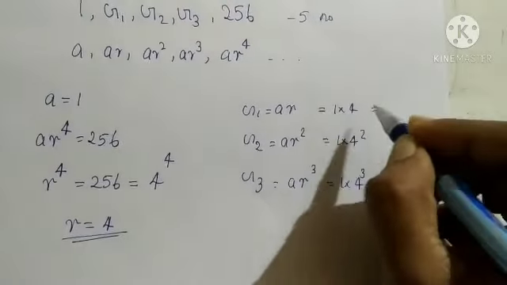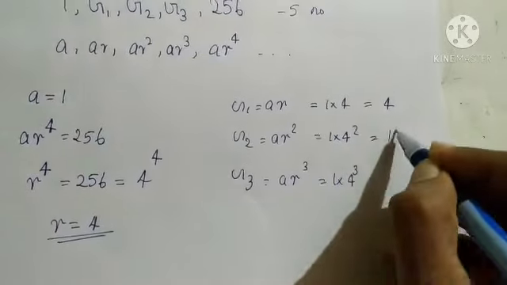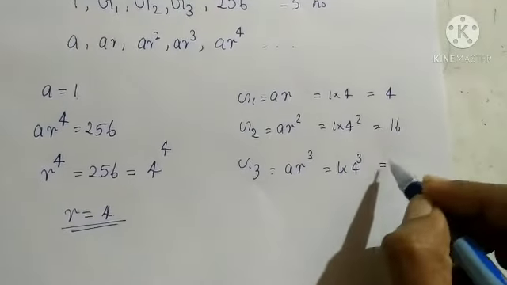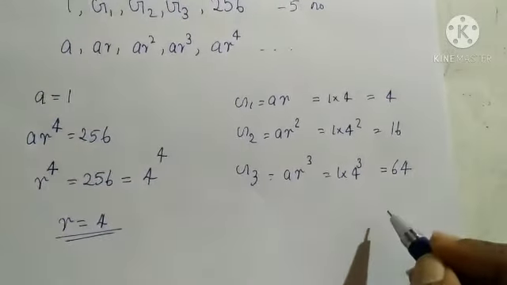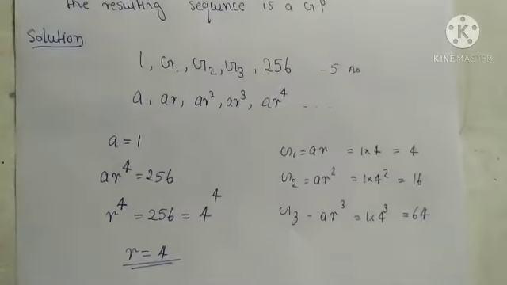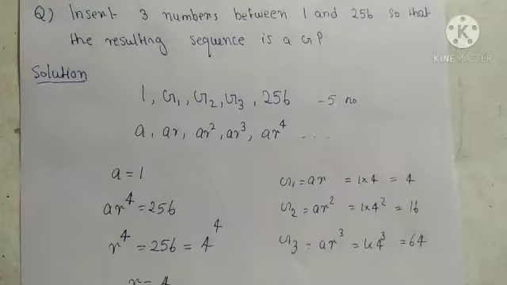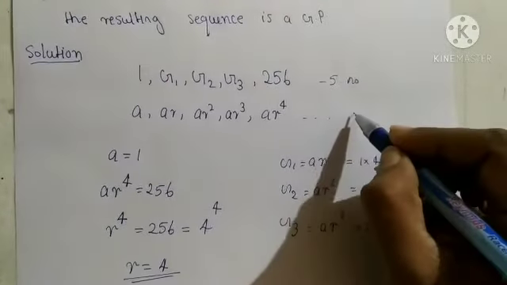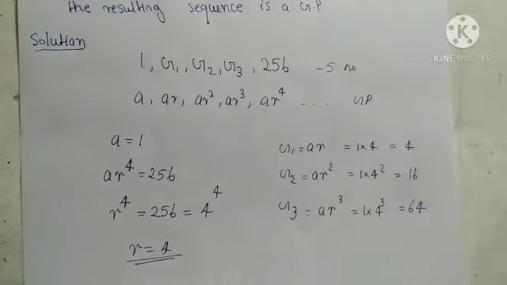So the numbers are 4, 16, 64. Okay. I hope you understood this question. This is a very simple question. So learn by heart the general form of GP.